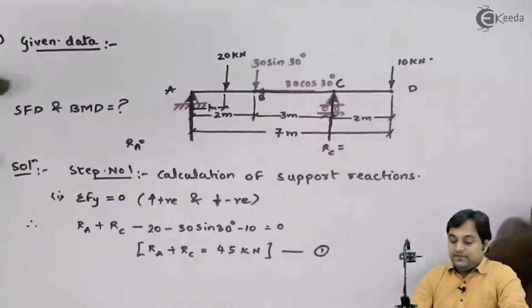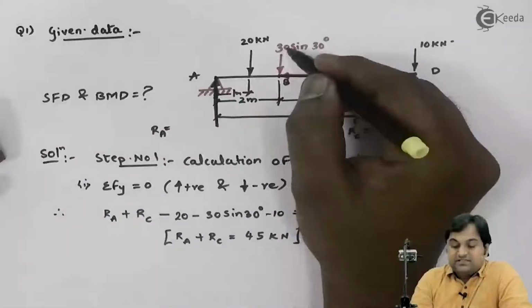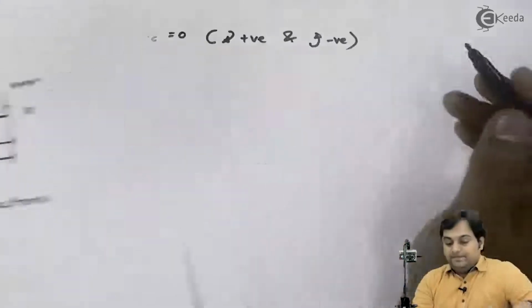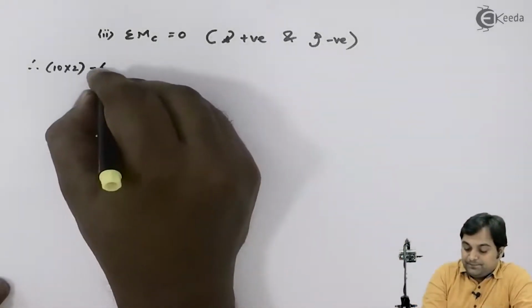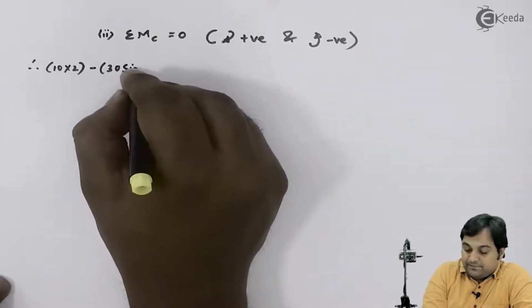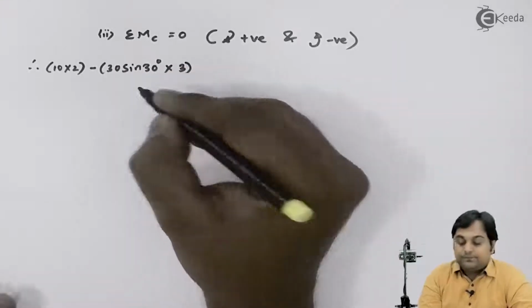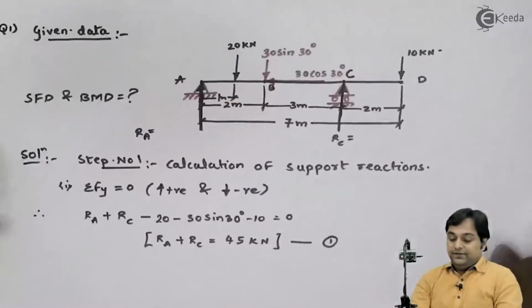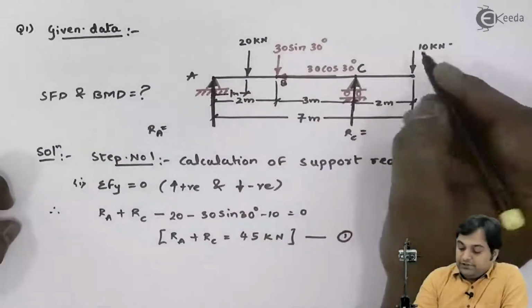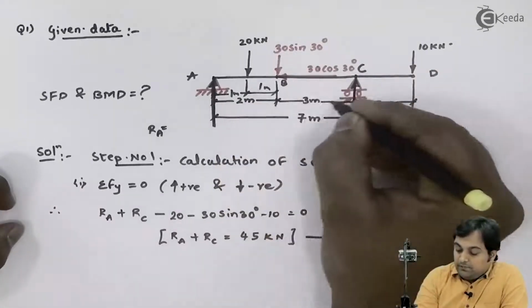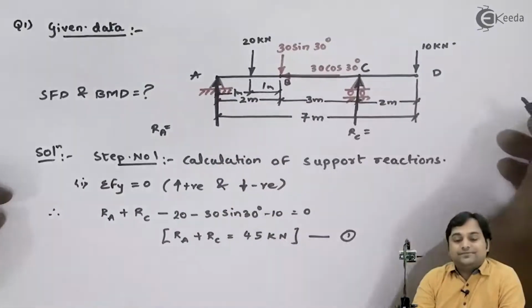Next, here we have 30 sin 30 and it would be producing anti-clockwise moment about point C. So it is minus 30 sin 30 multiplied by 3. Next, here I have 20 kilonewton. The distance from point C is 1 plus 3, that is 4 meters.